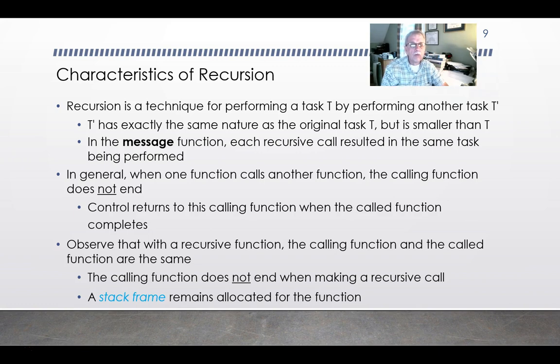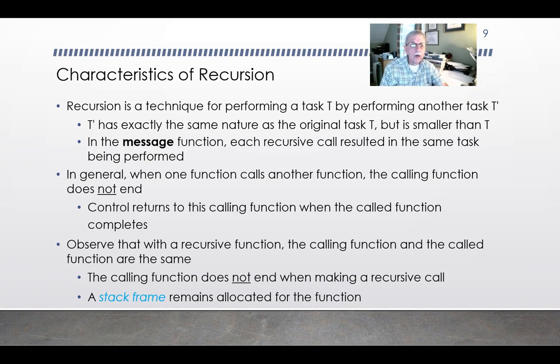Now, when we talk about recursion, we say that recursion is actually using this same technique as a regular function call. But the motivation for recursion is a little bit different. Recursion, we said, was a technique whereby we could perform some kind of task by performing another set of tasks which were identical in nature but tended to be a bit smaller.